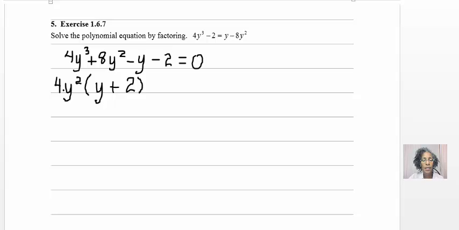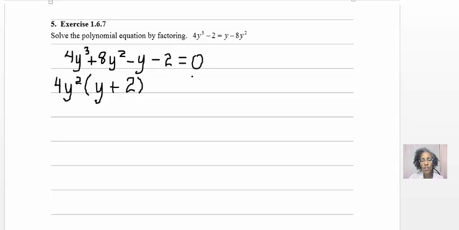And then I check that if I multiply this greatest common factor, GCF, by each of these terms in parentheses, do I get the first two terms back from the original equation? So 4y squared times y is 4y cubed. 4y squared times 2 is 8y squared.